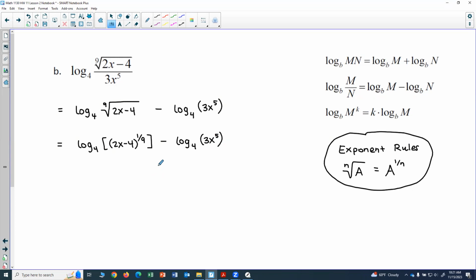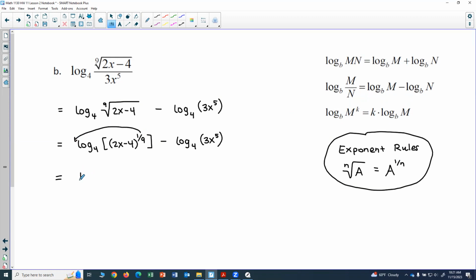All right, so now that we have this written as an exponent, we can use this third log property, log base b of m to the k equals k log base b of m. And so that exponent is going to come down in front.